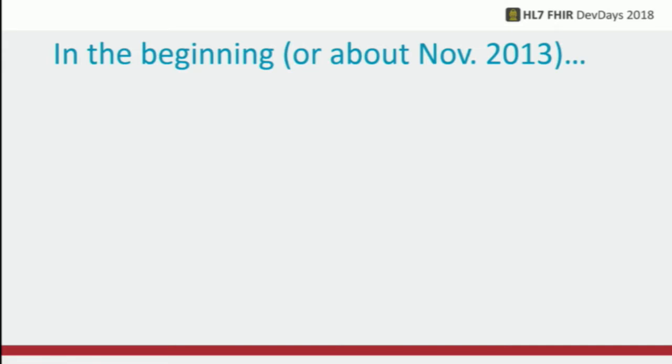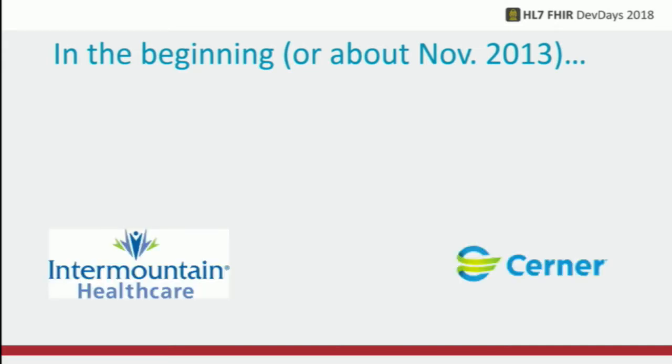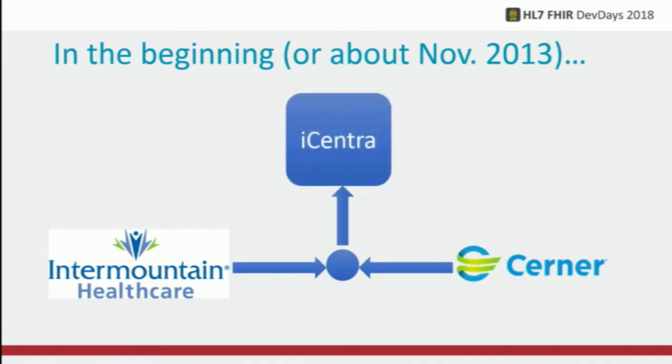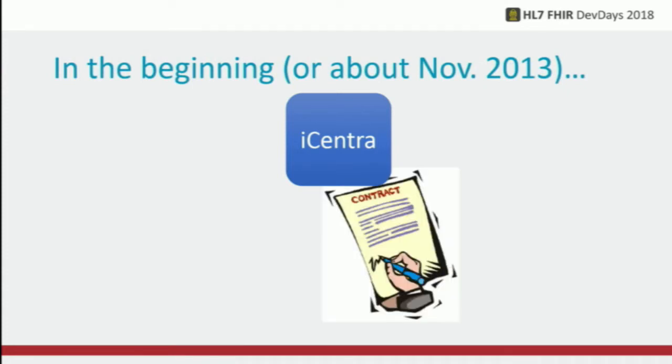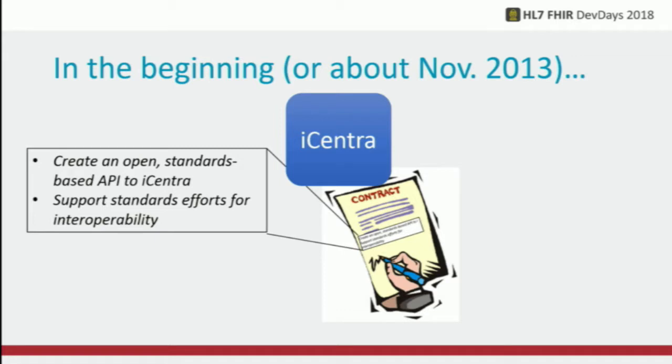This goes back to about 2013 when Intermountain and Cerner came together and created an Intermountain version of the Cerner system called iCentra. An important part of that was that in the contract that we wrote with Cerner, we stressed the platform nature of what we wanted to accomplish.